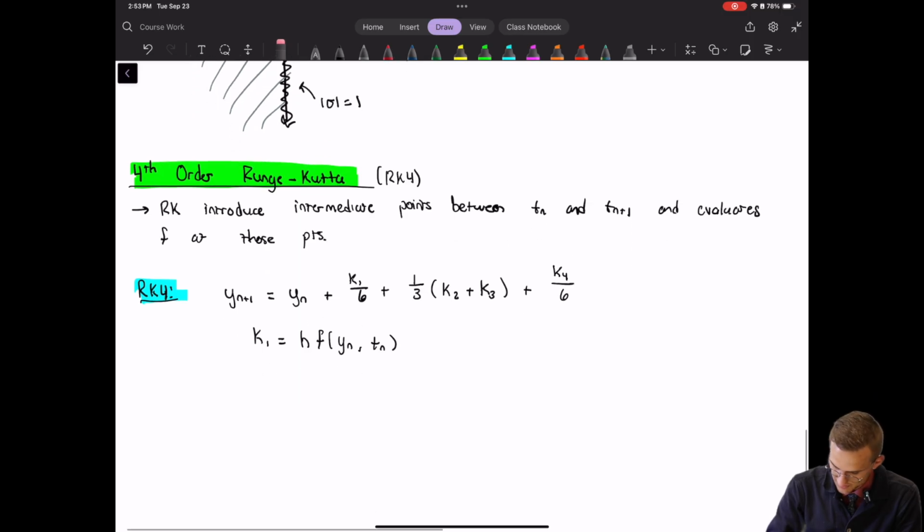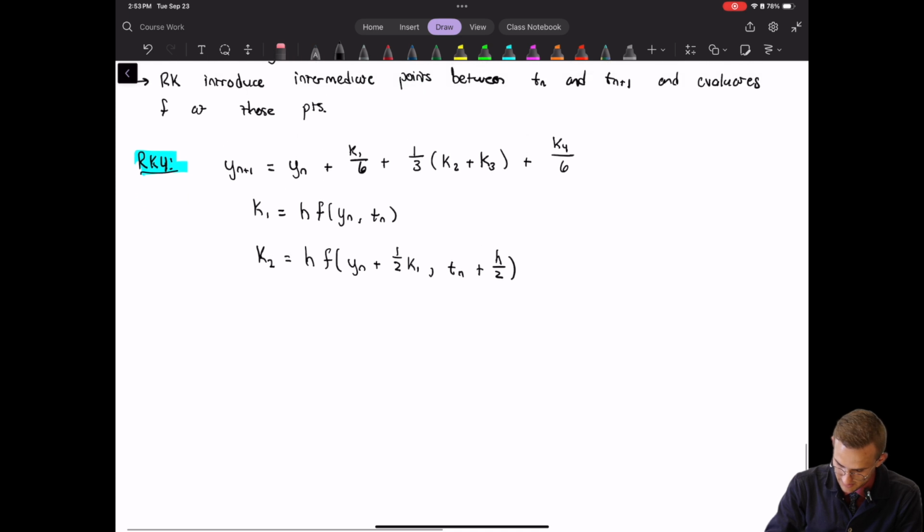Okay, and then k2 is h times f evaluated at yn plus 1/2 k1, and then at tn plus h over 2.